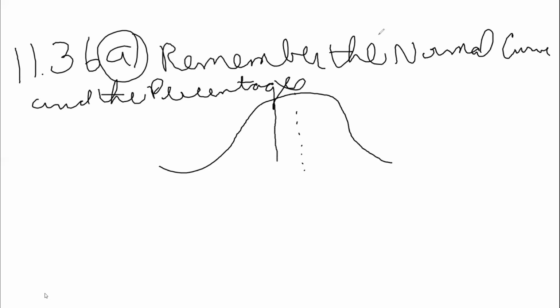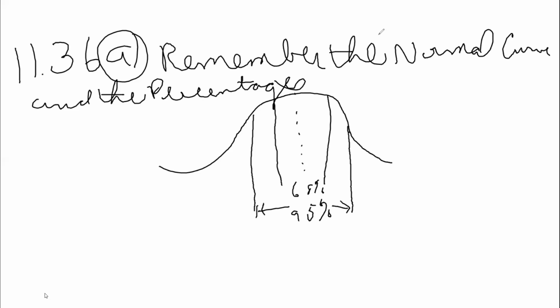From here to here, we have 68% of the population, of our sample, I should say. From here to about here, it's 95%. And when you go from here to here, you have 99.7%.